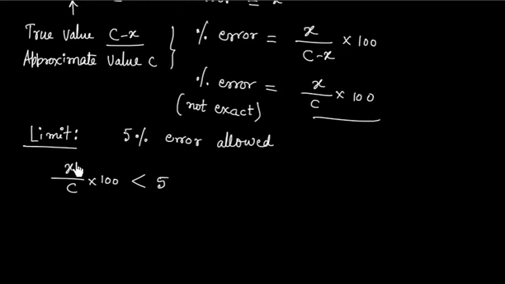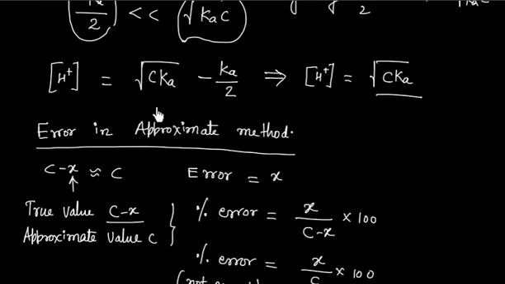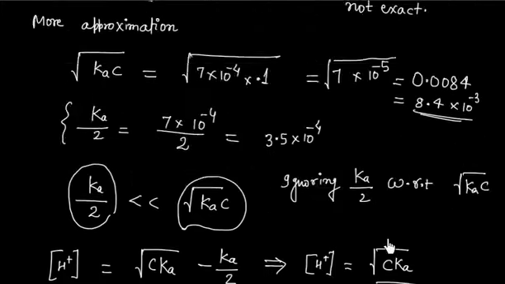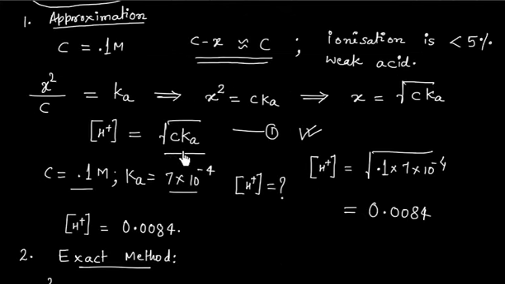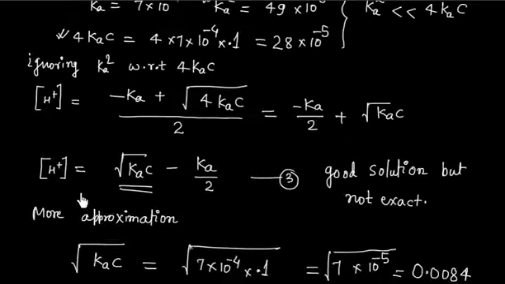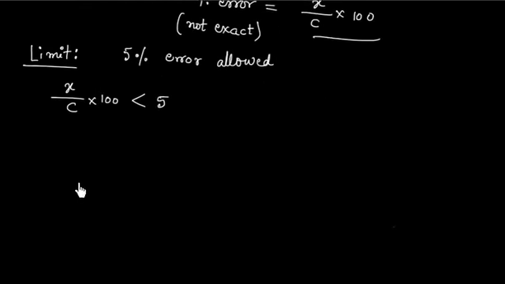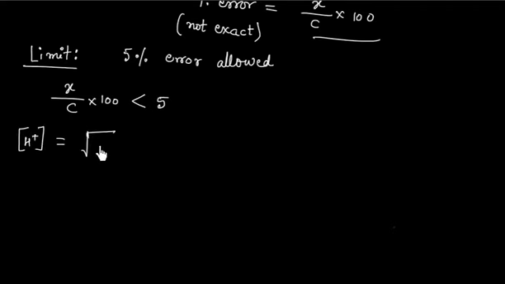X is nothing but the concentration of H plus. And what is the concentration of H plus in method number 1? That is under root CKa. So now I can plug this value of H plus here, that is under root CKa. If I plug this value here, x is under root CKa, divided by c into 100. So let us take 100 to this side, 5 by 100.